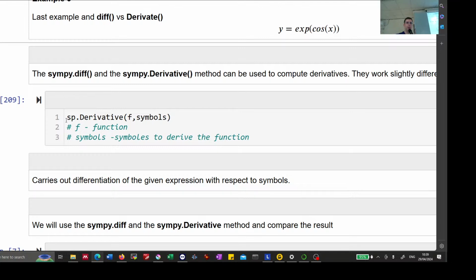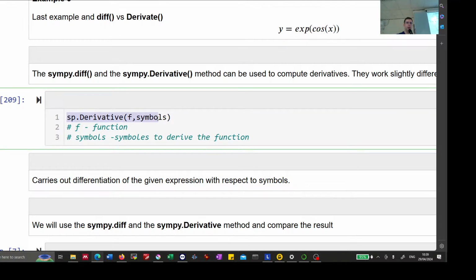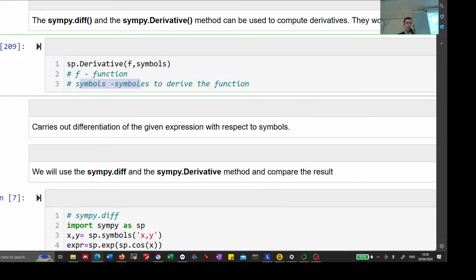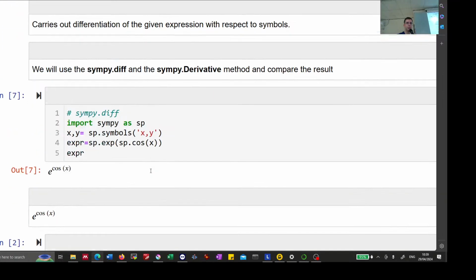The syntax is just Derivative, note it has a capital letter to start with, and then the function takes the symbols. What does the function do? It carries out differentiation of the given expression with respect to the symbol.